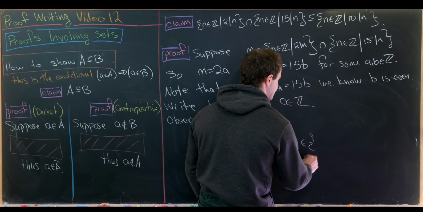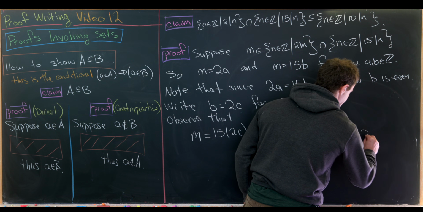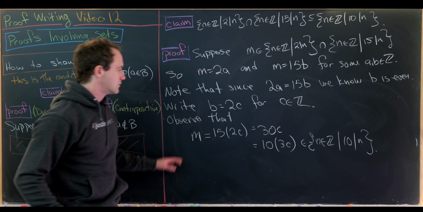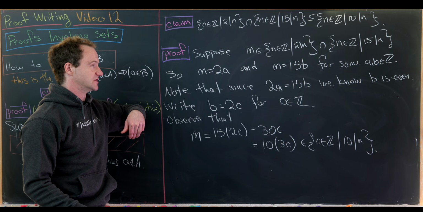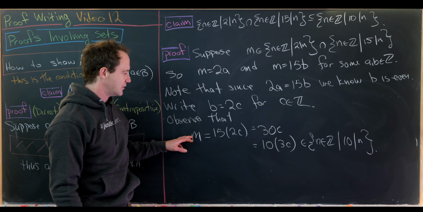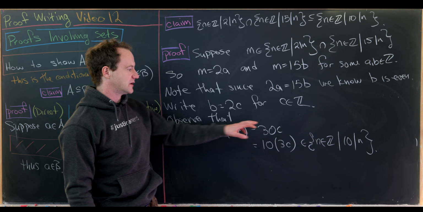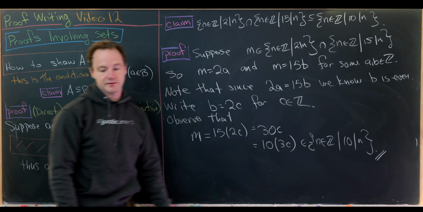So we could say that this is in the set of all integers n, such that 10 divides n. Great, but that's what we needed to do to show this subset relationship. We started with an element of the left-hand side, and we showed that that element was also an element of the right-hand side. So that concludes this subset proof.